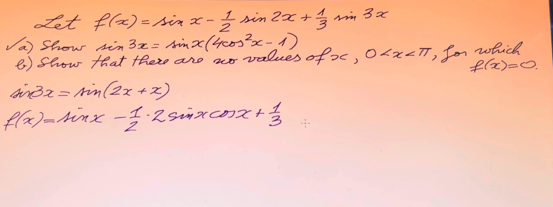We will use the result from A. This means times sin x (4 cos squared x minus 1).